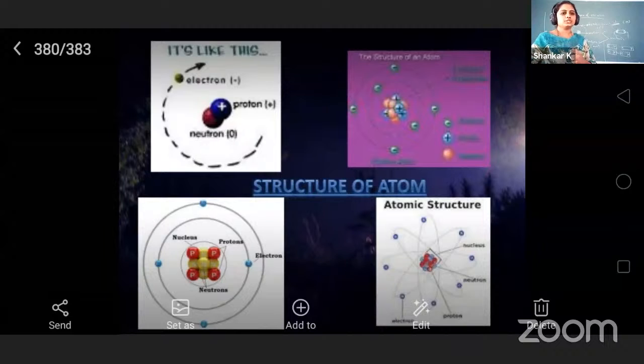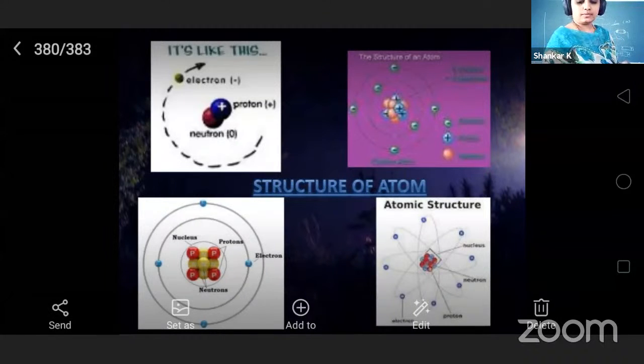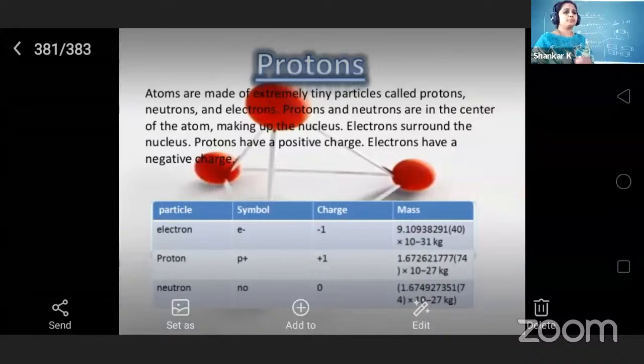You can see in the picture the structure of the atomic nucleus. First we come to the protons. Protons are here in the middle, the empty circles are neutrons, and where I wrote positive, these are protons.